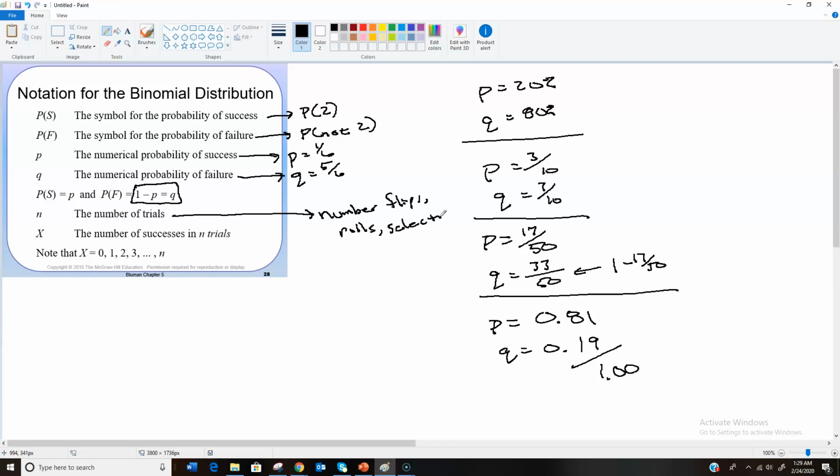You can do any number of things with binomial distributions, so it could be any number of things that are defined. And then x, the number of successes, is the number of times you get what you're looking for.